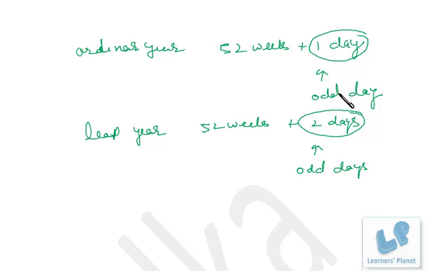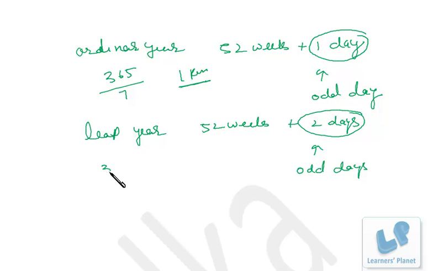So in any ordinary year, 52 weeks are completed. After that, we are left with 1 day. That means in an ordinary year, 365 days are there. So if you divide 365 by 7, you'll get 1 as remainder, right? You'll get 52 completed weeks and 1 as remainder. So that one is actually the odd day.